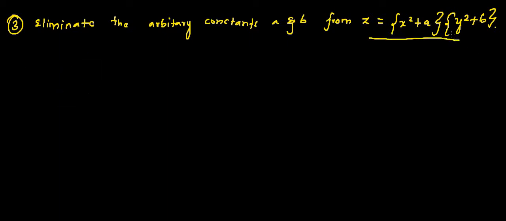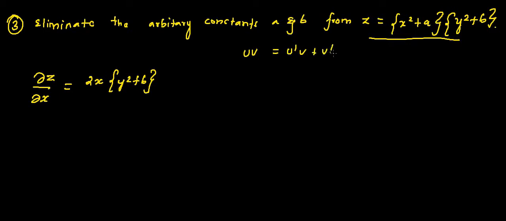Now differentiating this particular equation with respect to x, dou z by dou x is equal to 2x into y square plus b, the other terms become 0. So this is nothing but uv. When we differentiate uv, we get u dash v plus v dash u.